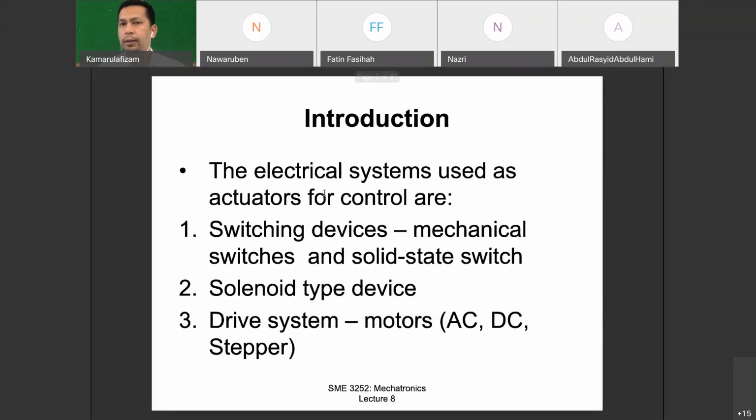In this electrical actuator, kita akan tengok switching devices macam switch and all kind of solid state switch. Then we also will be looking at solenoid device as well as driving system, also electrical actuated driving system macam motors, AC, DC, stepper and servo.